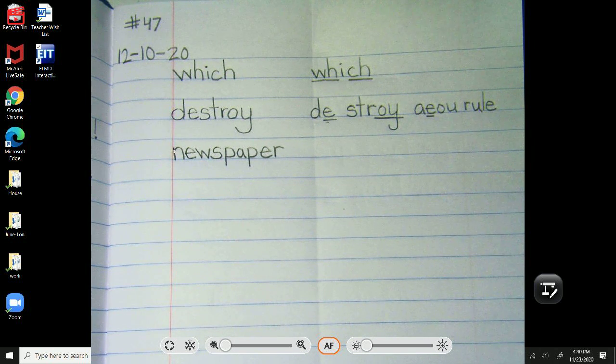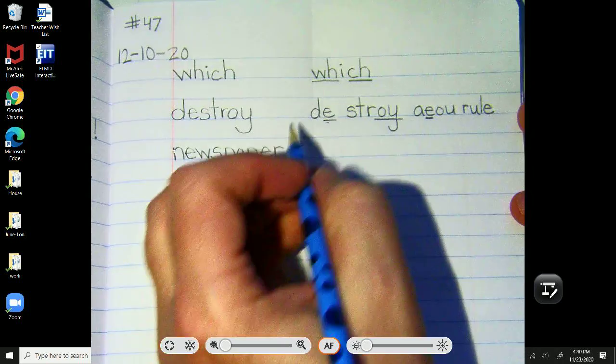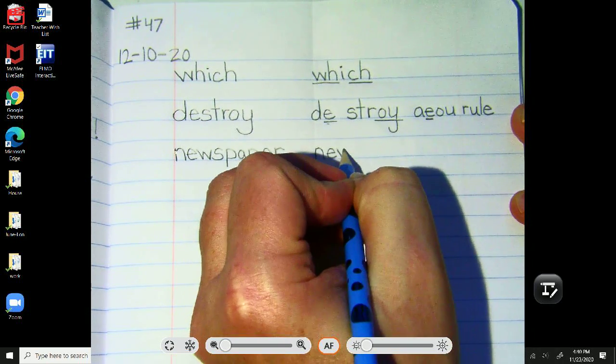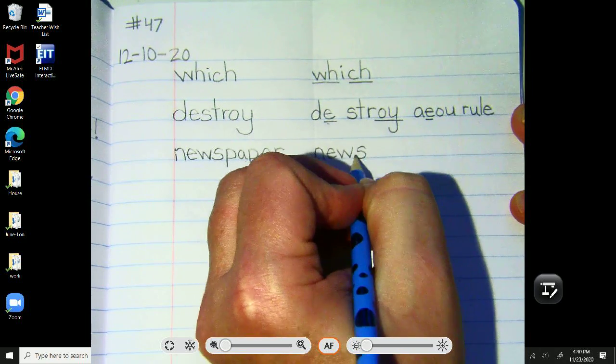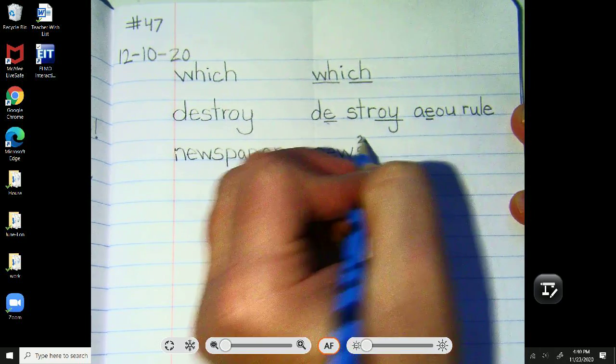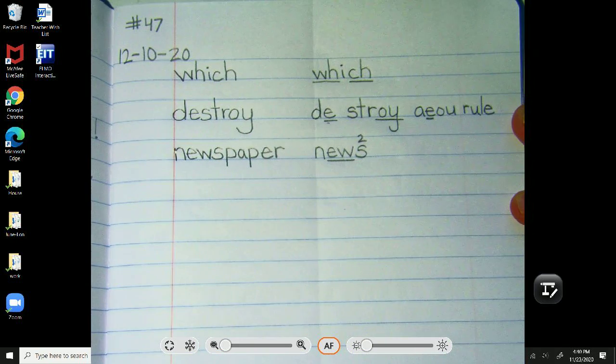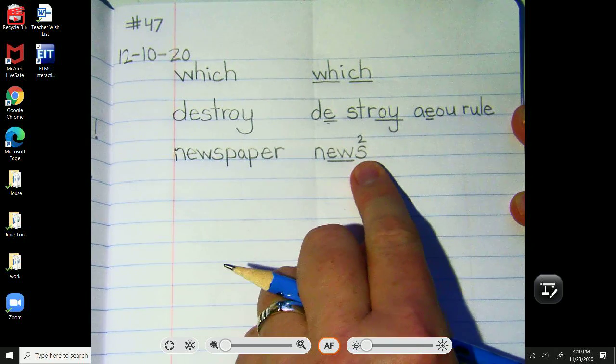Newspaper is a three-syllable word. The first syllable is that whole first word of the compound word, news. So scholars, let's check the markings on that, right? It's ooh, you. Just kidding. Saying its first sound of ooh, right? New. New. It's not new. New. Ooh. News. Second sound of the s.